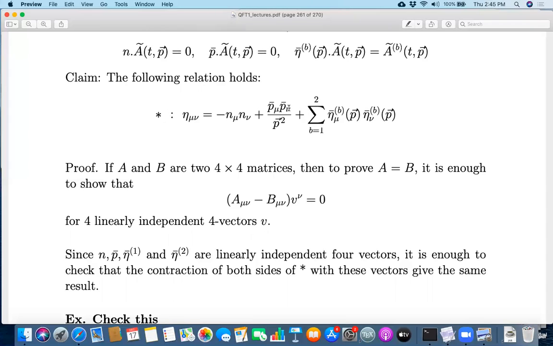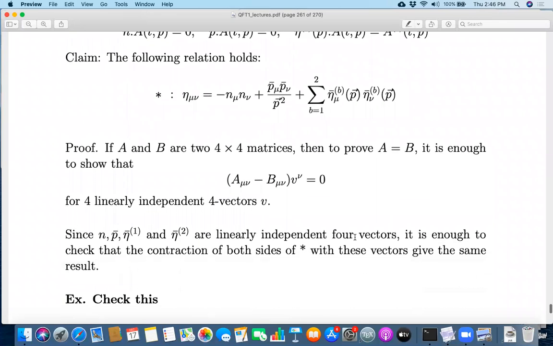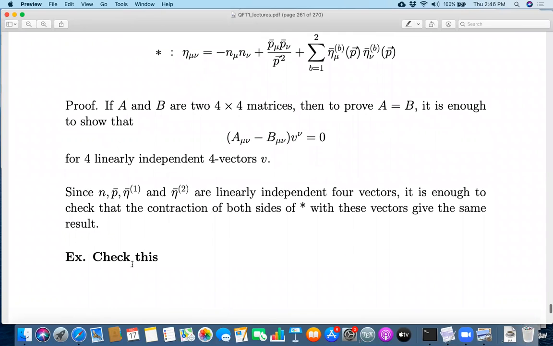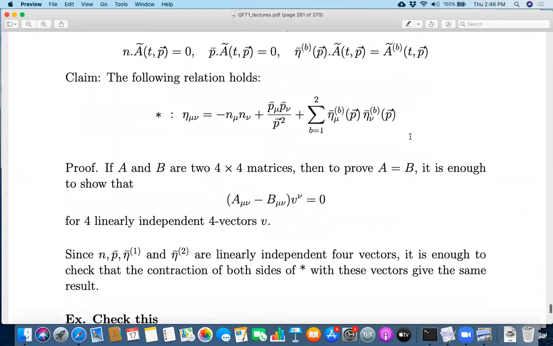This is 0 because n dot p bar is 0, as you see from the definition. Similarly, n dot eta bar is 0. So this relation obviously holds when both sides are contracted with n nu. The same thing can be checked for either p bar nu or eta bar nu. I'll leave this as an exercise. And because of this, we know that this relation is true.